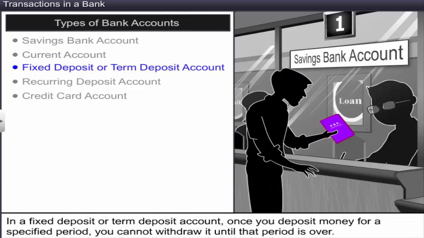In a fixed deposit or term deposit account, once you deposit money for a specified period, you cannot withdraw it until the period is over.